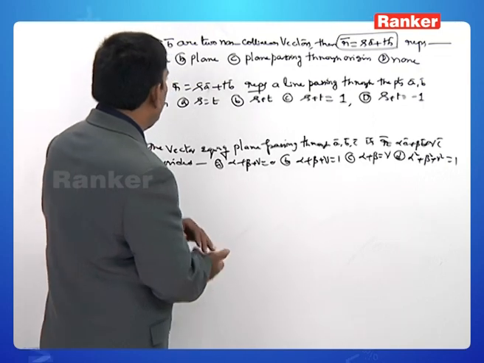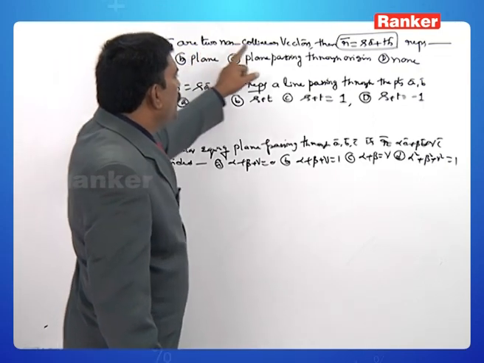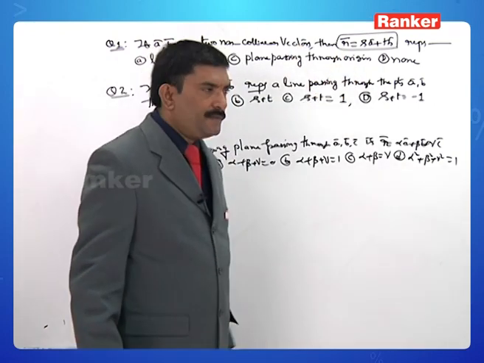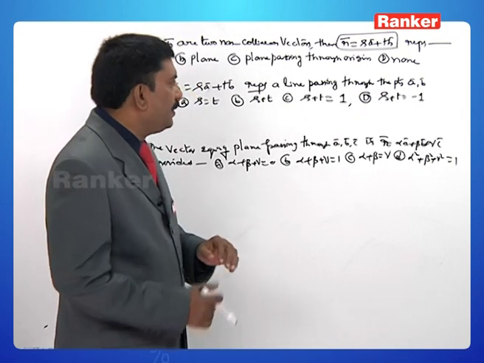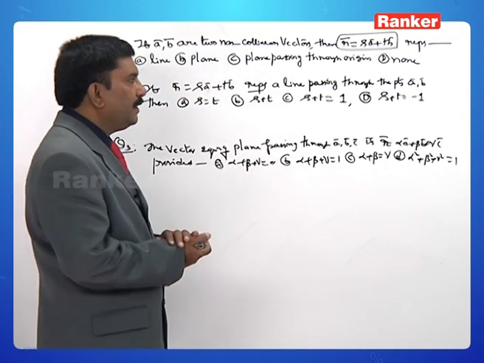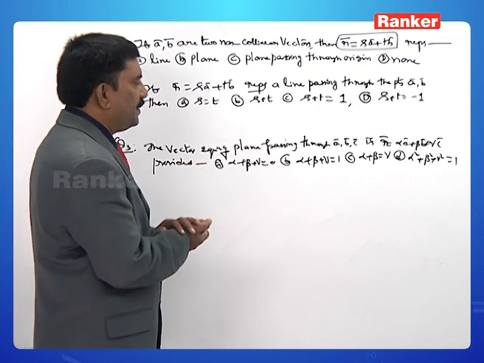So, if a bar, b bar are two non-collinear vectors, then r bar is equal to s a bar plus t b bar represents a what?